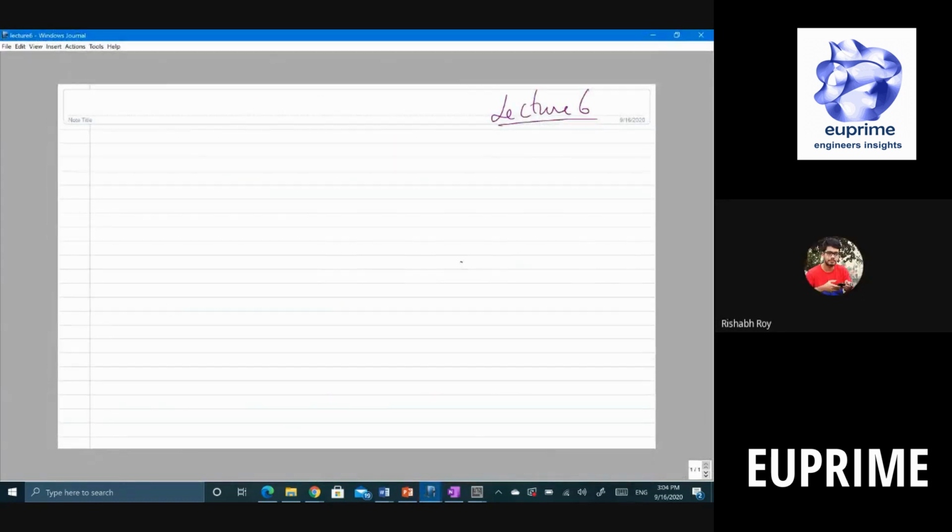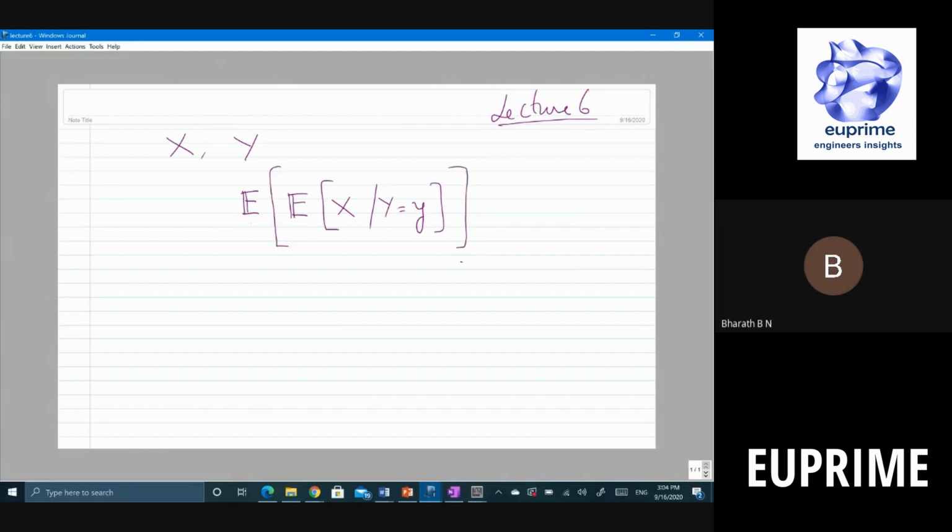Okay, so this is something that you need to remember. For example, if you have two random variables x, y, the conditional expected value of x given y equal to y, you can interpret this as a random variable, and of course associated with that there is an event and the corresponding probability distribution. So I can take expectation with respect to y.